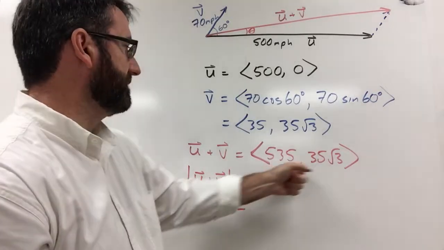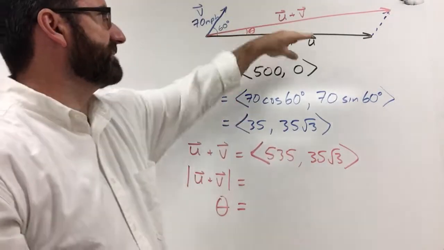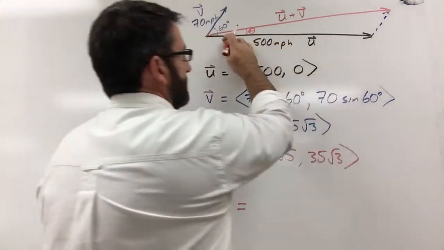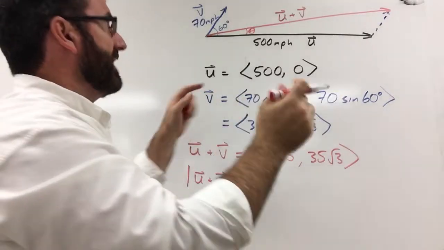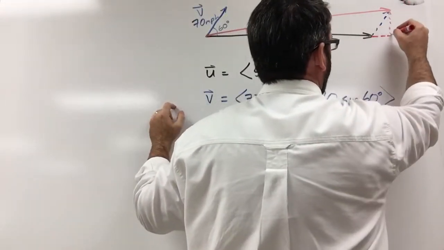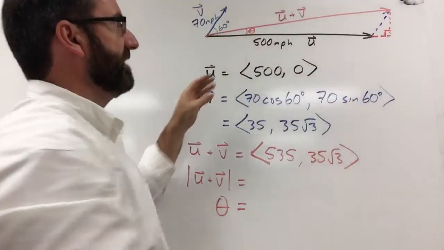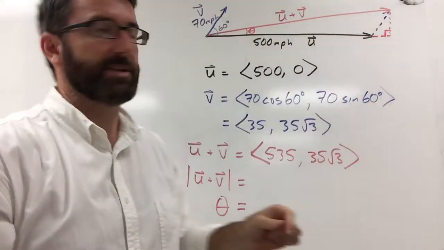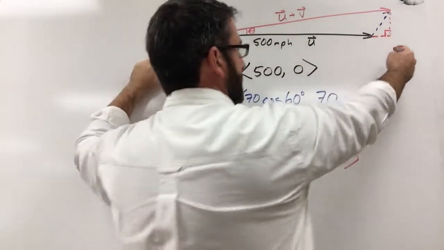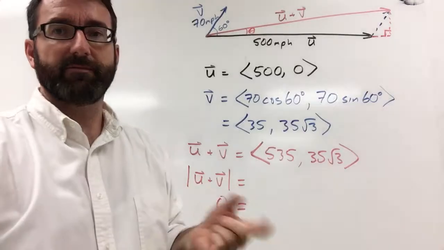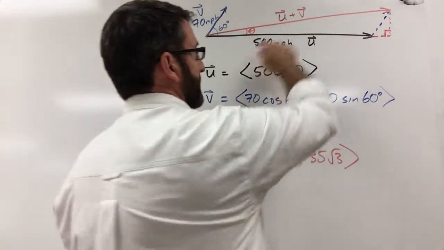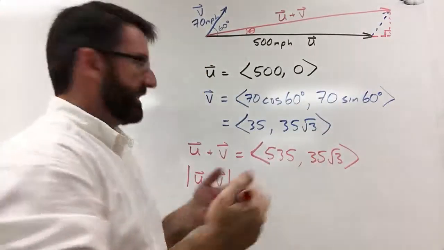All right, so the magnitude of this vector: with any vector, the horizontal and vertical components make a right triangle, and it's 535 in the horizontal direction and 35 square root of 3 in the vertical direction. And so the magnitude is just going to be the Pythagorean theorem.